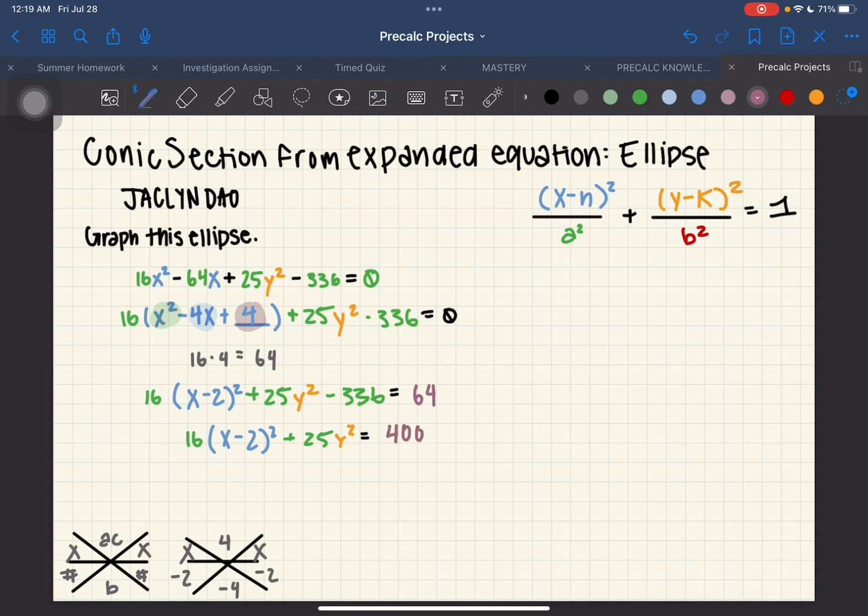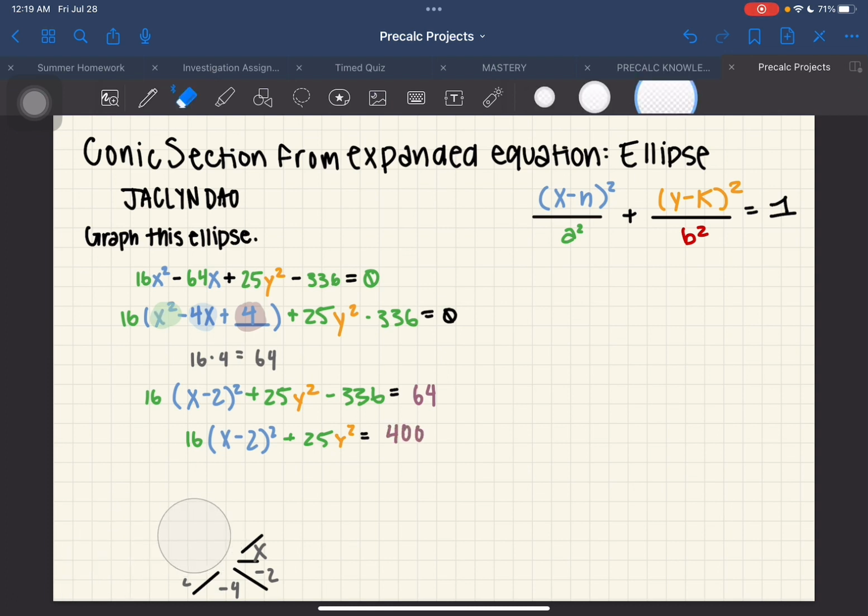We can erase this because we've finished completing the square. But in the standard form, the equation equals 1. This is not 1, clearly.